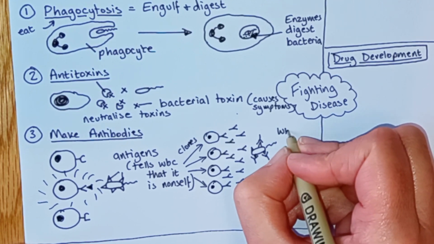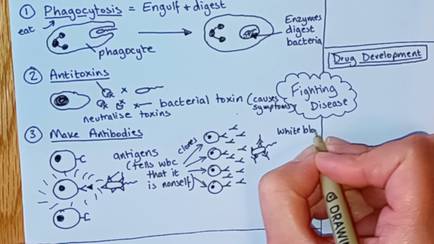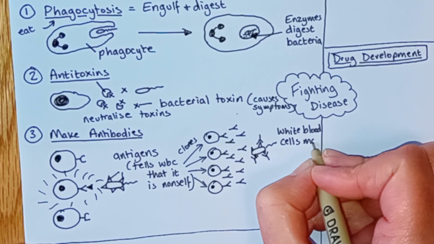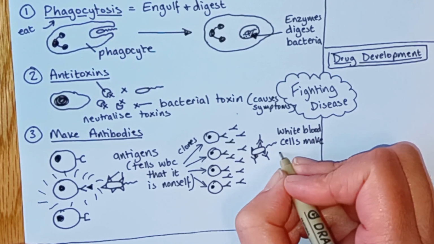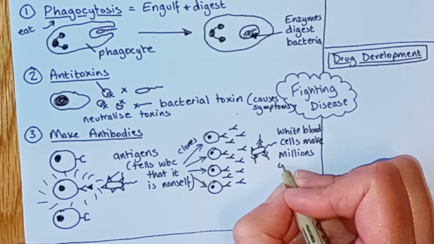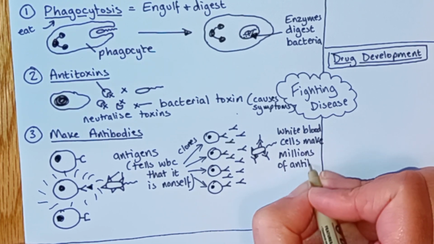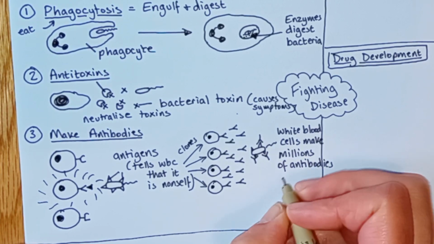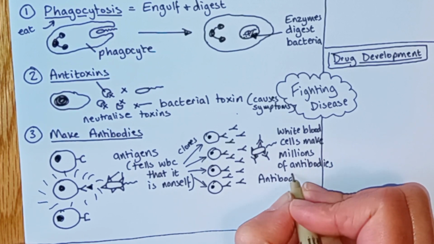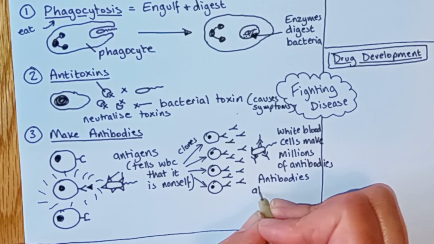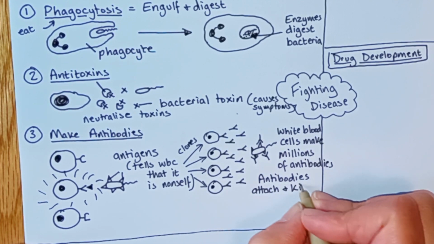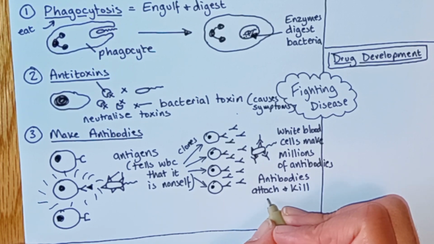So we're going to say white blood cells, oh, I could have shortened it to WBC, make millions, billions, trillions of antibodies. And the antibodies attach and kill the pathogen.